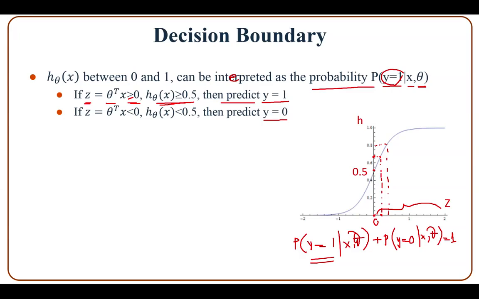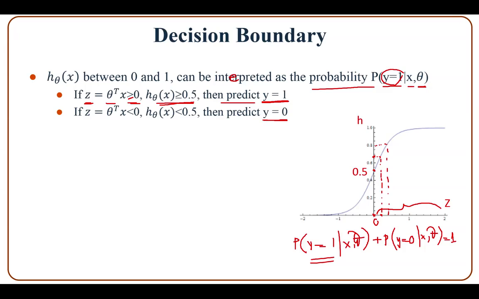So if z, which is equal to theta transpose times x, is greater than or equal to 0, then the sigmoid function is greater than or equal to 0.5, and we predict that y is 1, and otherwise we predict that y is equal to 0. So in the figure at 0, the sigmoid function is 0.5.